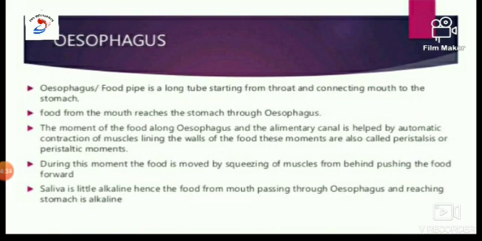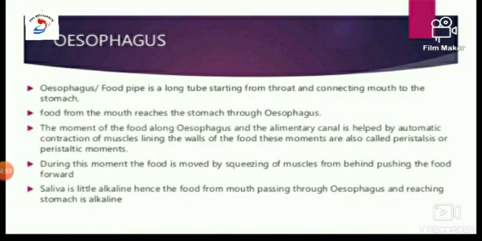The movement of the food along the esophagus and alimentary canal is helped by the rhythmic contraction and expansion of muscles lining the walls of the food pipe. That is called peristalsis or peristaltic movement.